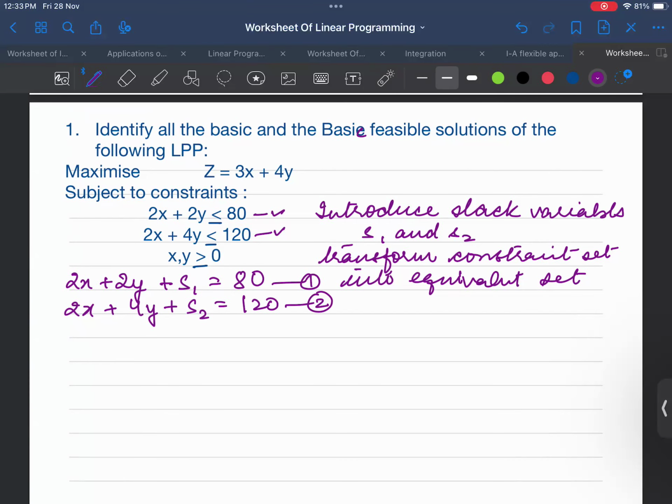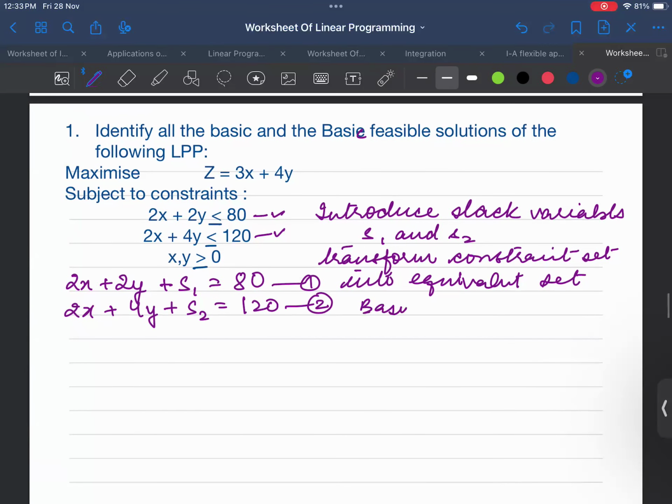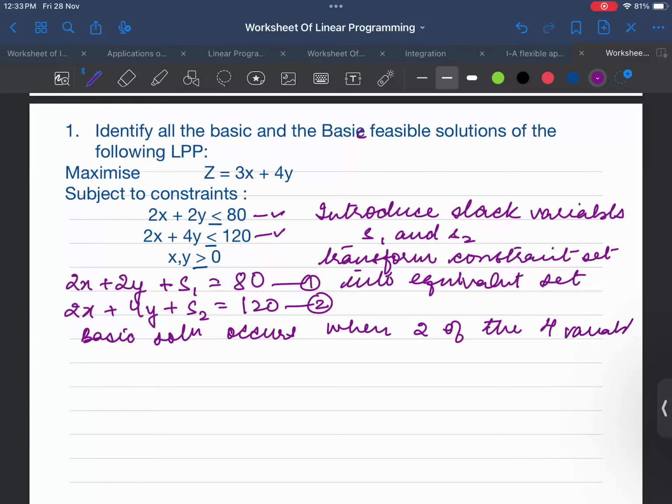A basic solution occurs when two of the four variables in the equivalent set are set equal to 0.